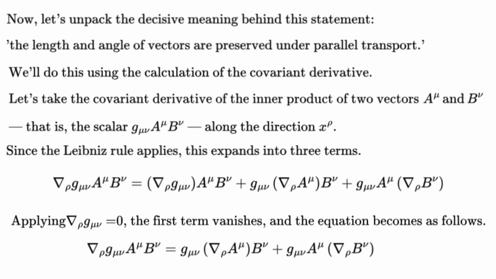Since the Leibniz rule applies, this expands into three terms. Applying nabla rho g mu nu equals 0, the first term vanishes, and the equation becomes as follows.